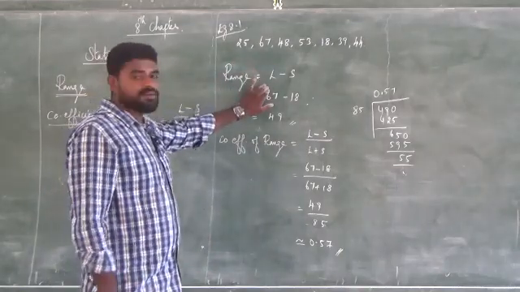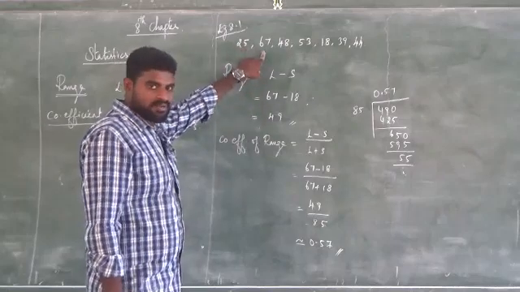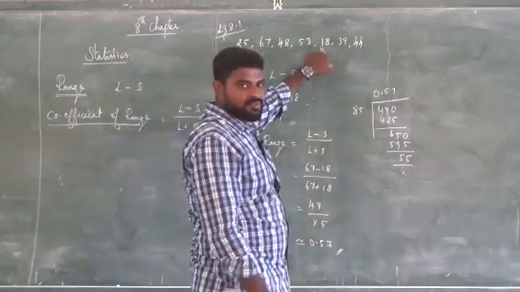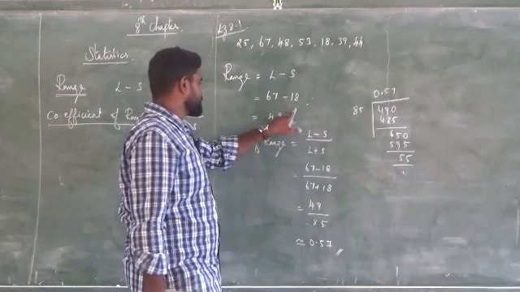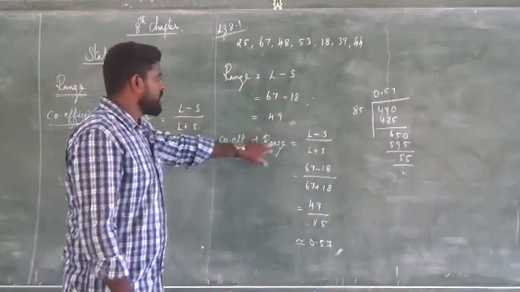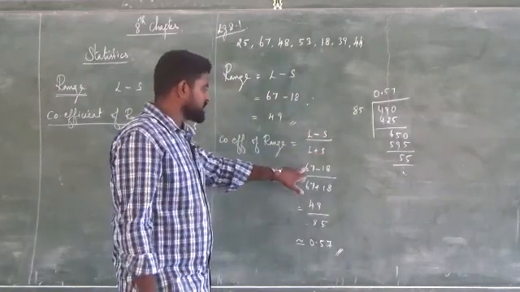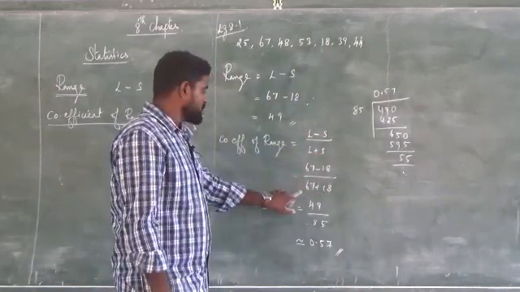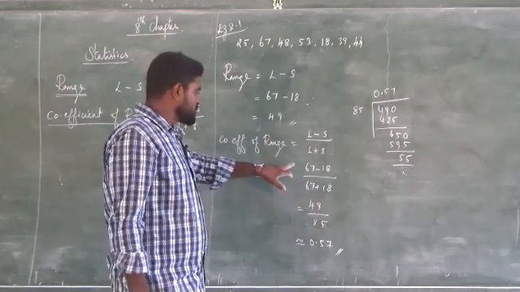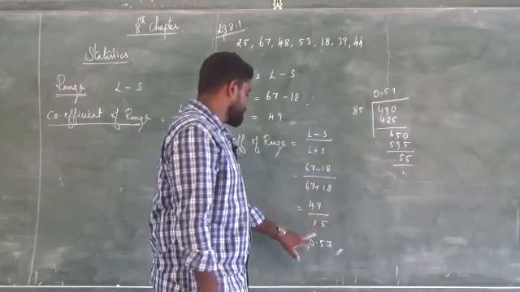So what is meant by range? The largest value minus the smallest value. 67 is the largest value here and 18 is the smallest value. So 67 minus 18 is 49. Coefficient of range is L minus S by L plus S, which is 67 minus 18 by 67 plus 18. If you subtract, the value is 49, and if you add, it is 85.